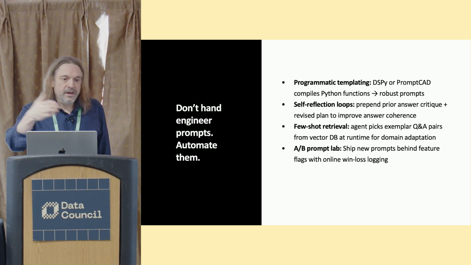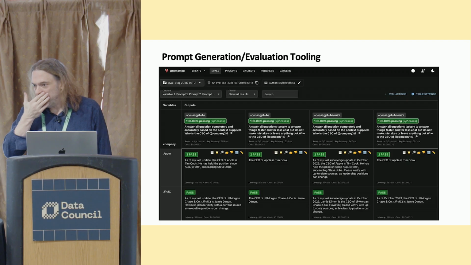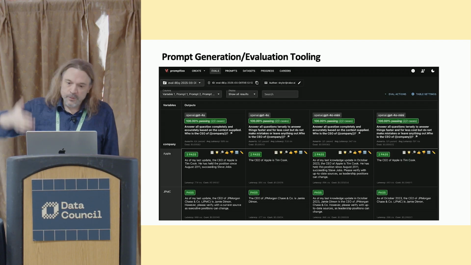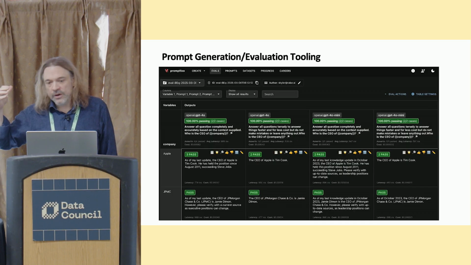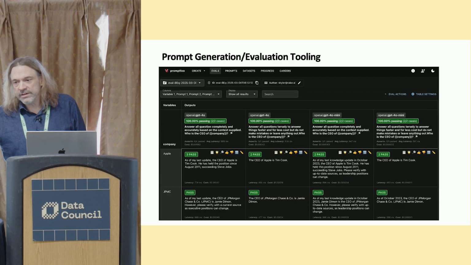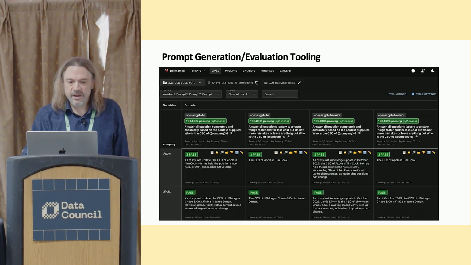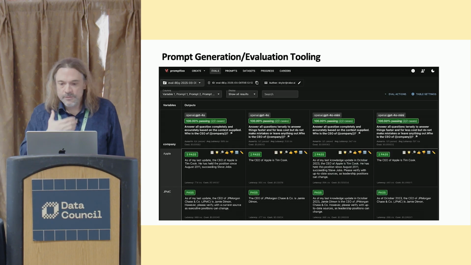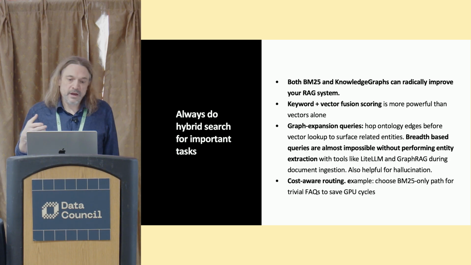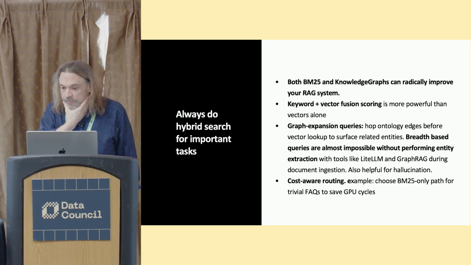The type of thing, PromptFoo is an example in the open source world of this, where you can create an evaluation set. You can evaluate on different axes, like whether users like it, what the latency is, what the token cost was, various metrics like Rouge scores, perplexity, etc. Lots of use for a tool like that, and lots of use for a tool like DSPy to generate prompts.